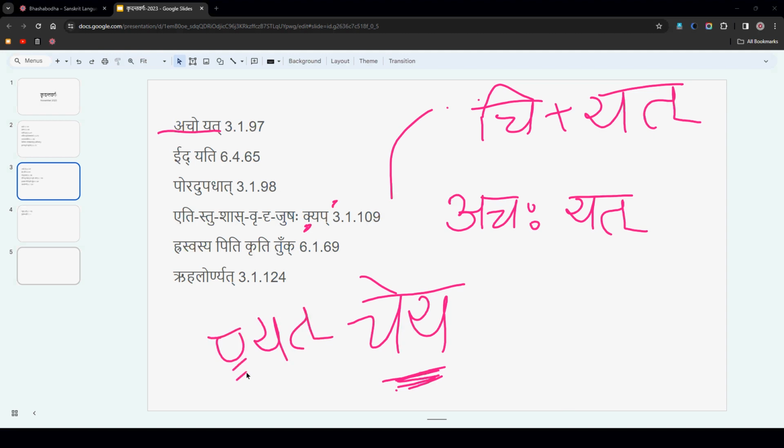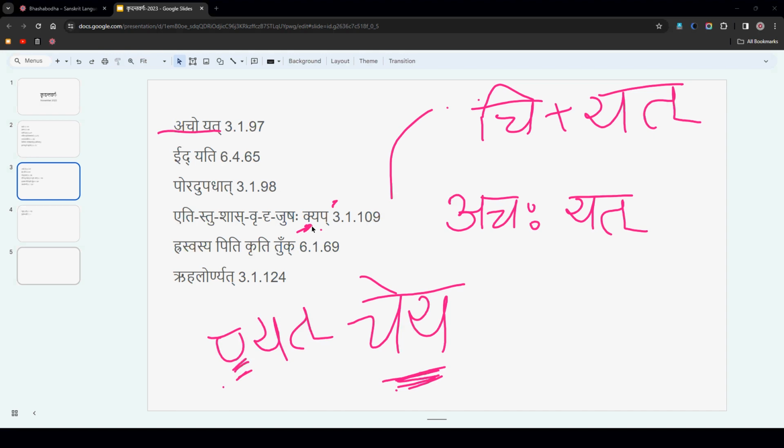The Ashtadhyayi also has different sutras to define what should happen if there is a na in the pratyaya, what should happen if there is a pa or ka in the pratyaya.